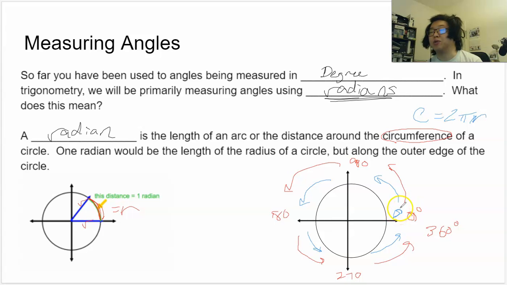Of course, if there's no angle, there's no measurement. Then there's pi over 2, pi, 3 pi over 2, and finally we end up at 2 pi. This 2 pi number is really important because it comes from our circumference formula, 2 pi r. So the whole circle in radians is equivalent to 2 pi.